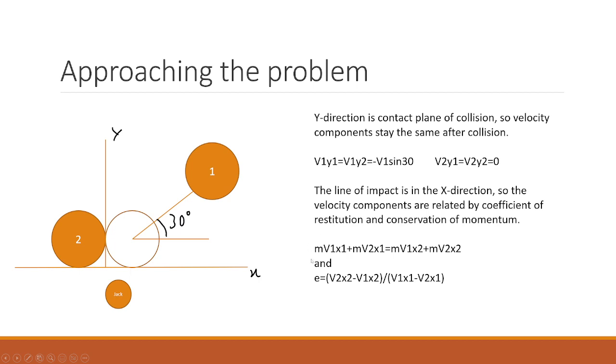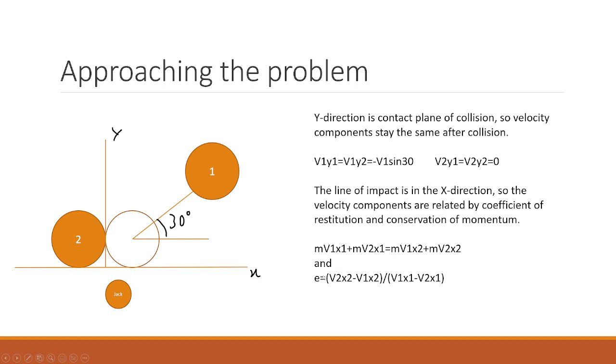This first equation is the conservation of momentum, which is the mass times the first velocity of the first ball plus the mass times the first velocity of the second ball, equal to the mass times the second velocity of the first ball plus the mass times the second velocity of the second ball. Of course, all this will be in the x direction.